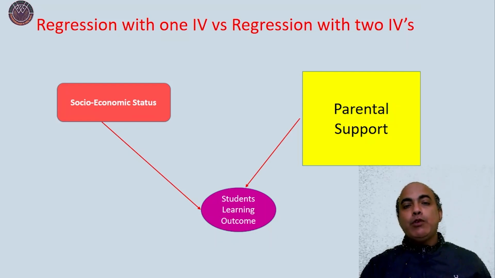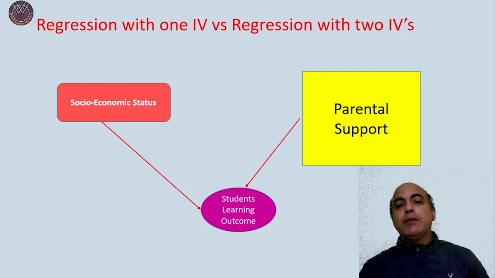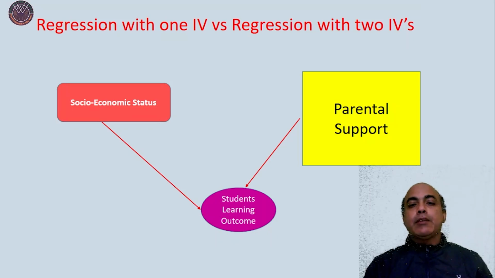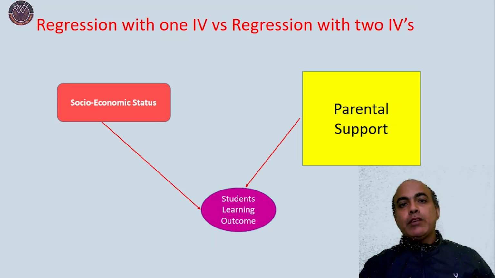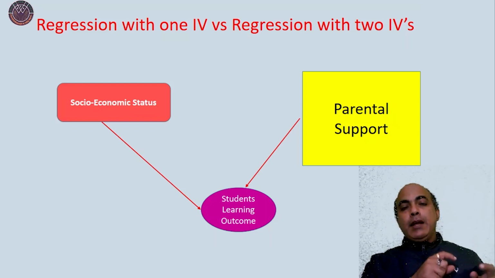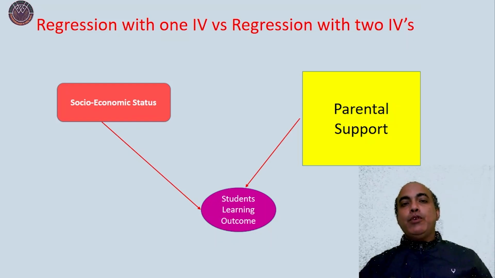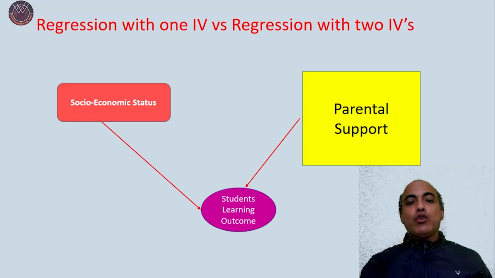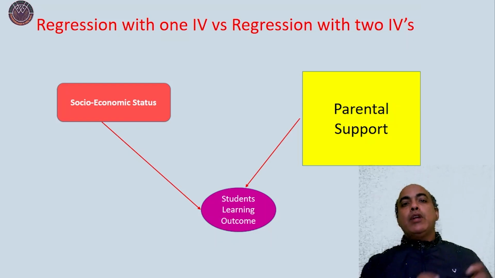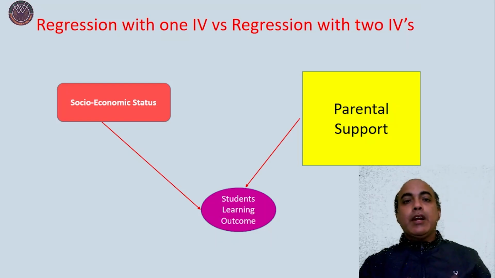Now, if we are using socioeconomic status as one variable, and parental support as the other variable, to predict the student's learning outcome, and if we are able to construct a multiple regression equation involving two independent variables, socioeconomic status and parental support, and as a dependent variable, students' learning outcome, then we have constructed a multiple regression situation.